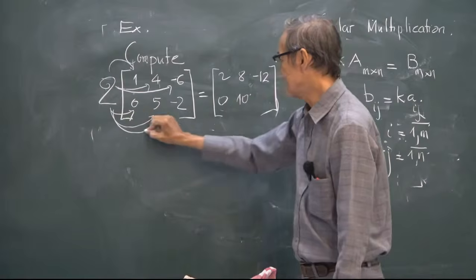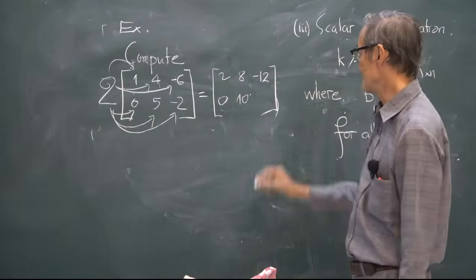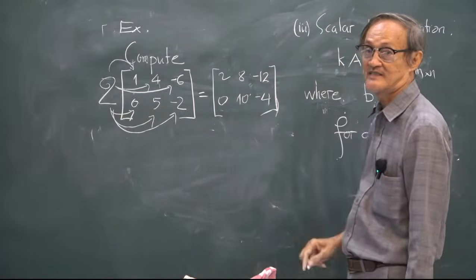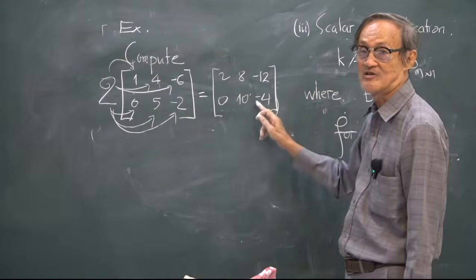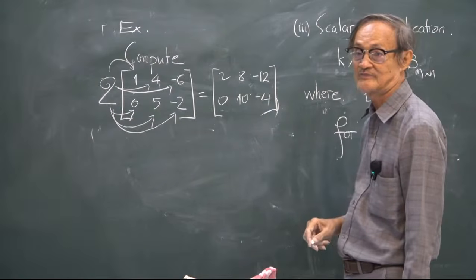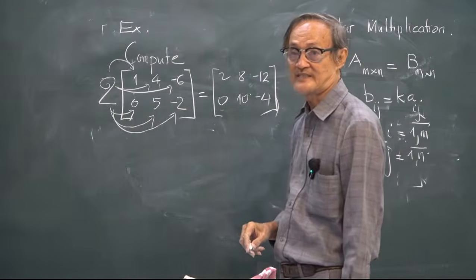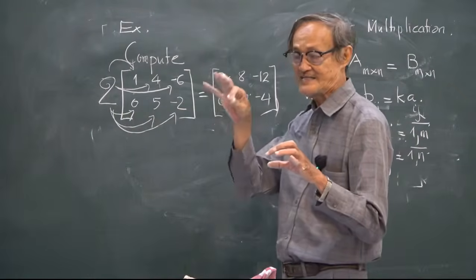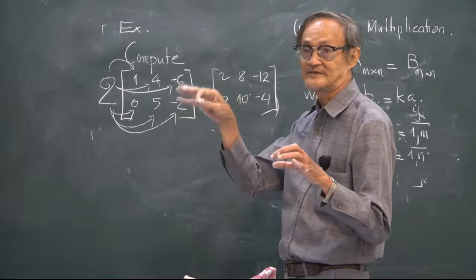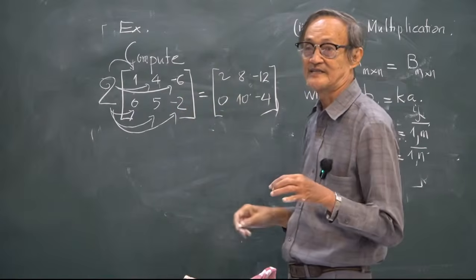And 2 times minus 2 is minus 4. It's very simple. We multiply each element of the matrix.